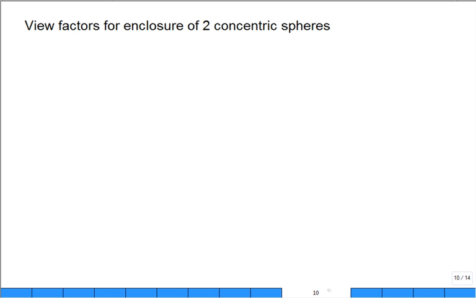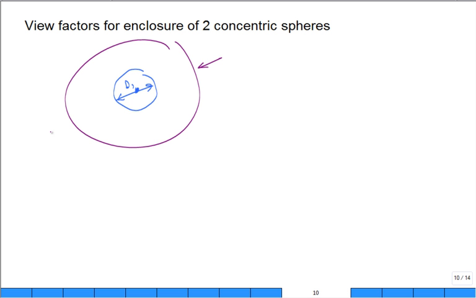Let's employ some of these principles of summation and reciprocity to solve for simple view factors in certain cases. So consider two concentric spheres. The centers of both spheres are at the same location. One sphere has diameter D1, and another sphere has diameter D2.